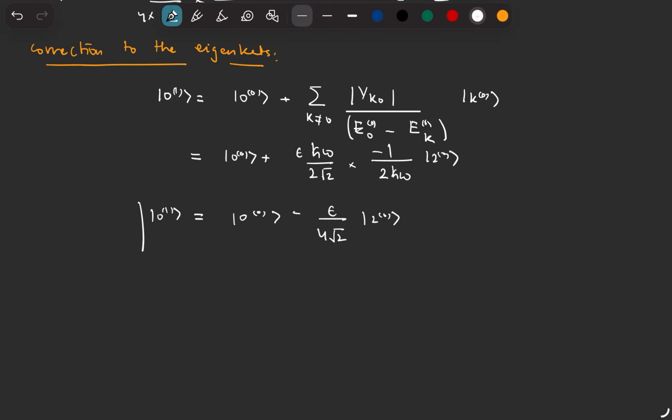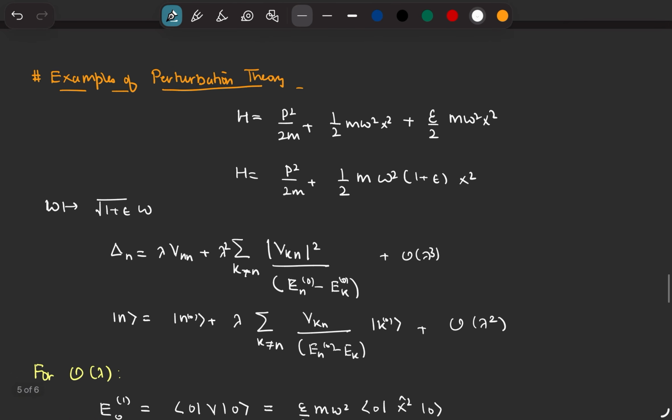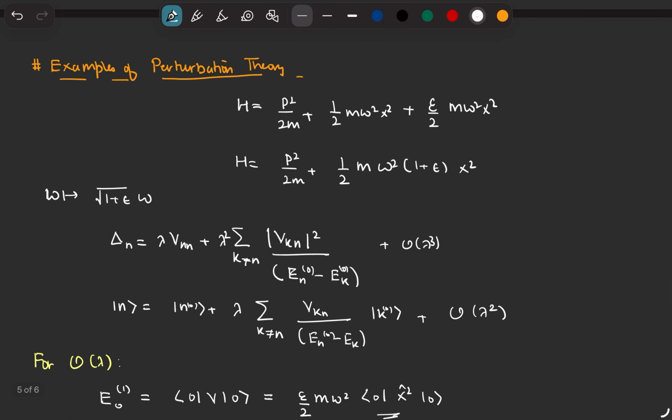Okay, so there is mixing with the second level, right, which is great.